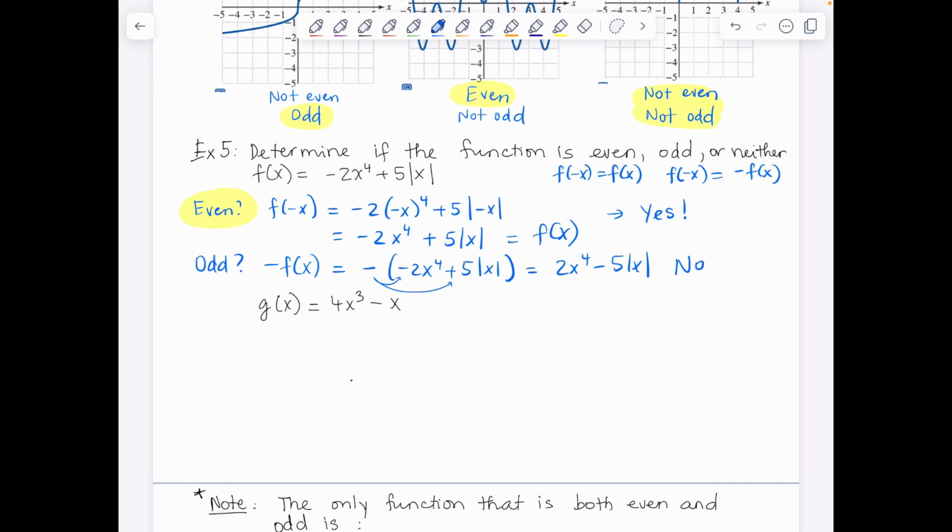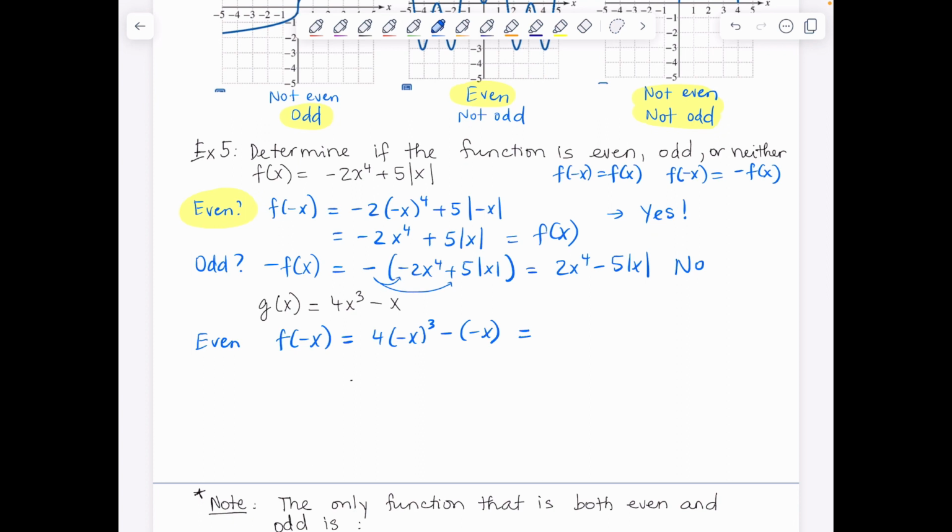Let's look at the next example here. Let's see if it's even. First, we'll calculate f of negative x. F of negative x means you substitute negative x for x. So it'll become 4 times negative x cubed minus x, now it is negative x. Simplify a little more.